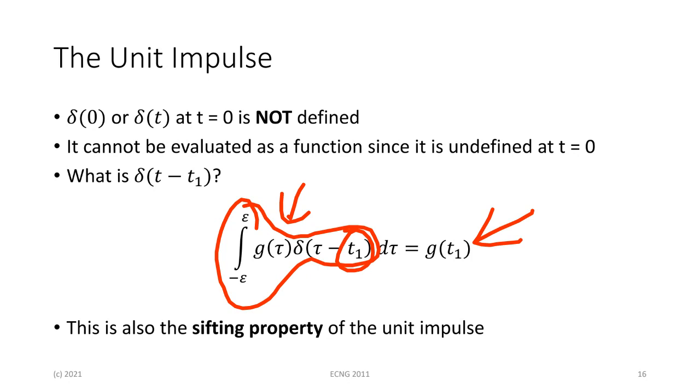In other words, it sifts the value. And that actually is the principle of sampling. You want a series of values at t equal to t1, t equal to t2, t equal to t3, and so on. We'll get to that. You multiply the signal by a series of impulses and you get the values coming out. It picks out those values.